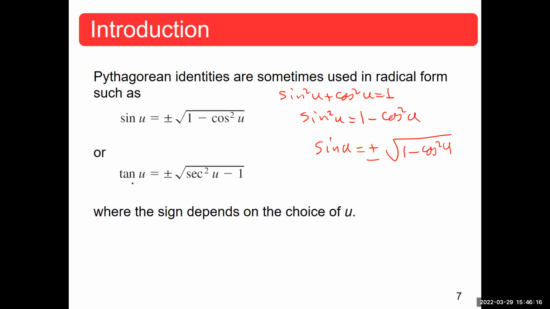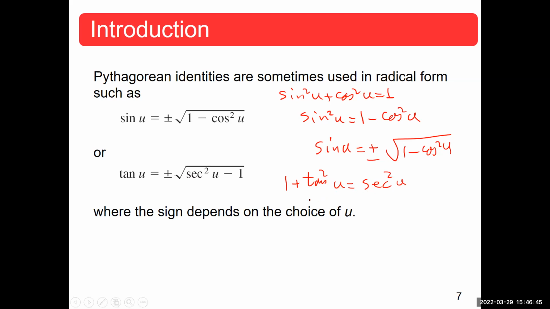Same thing for the tangent. Remember, we have 1 plus tangent square of u equal secant square of u. Or the other way around.